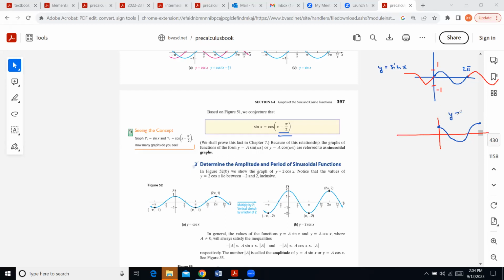So if it's a cosine function and they have a graph for us right here, then if I move this graph by pi over 2, the graph will bring me to the function sine of x.